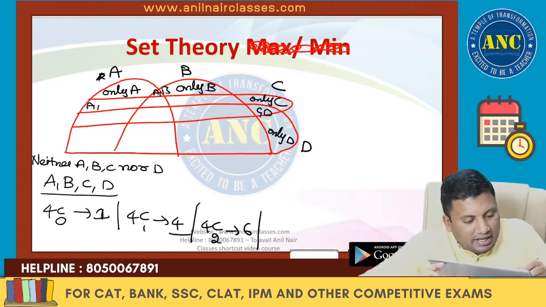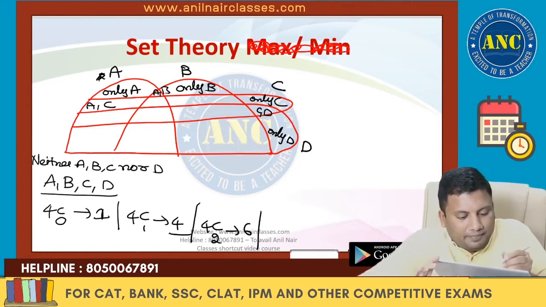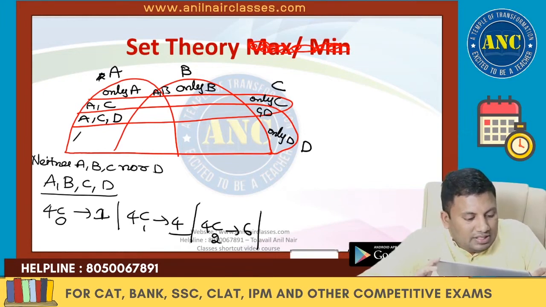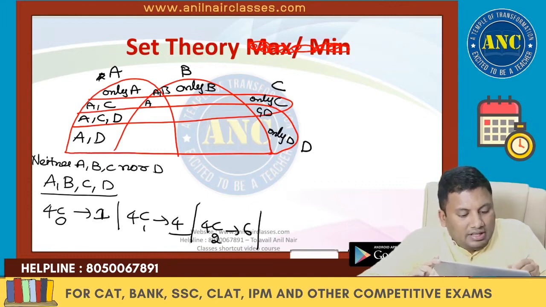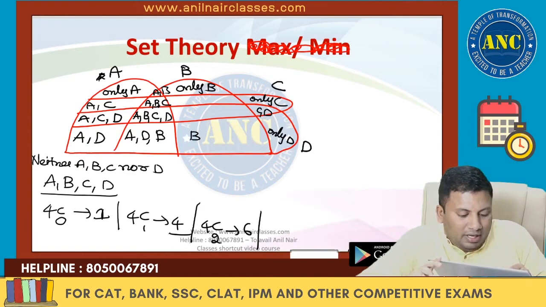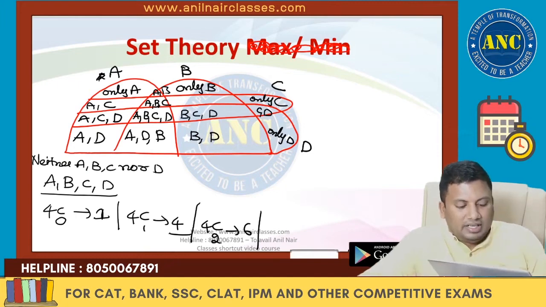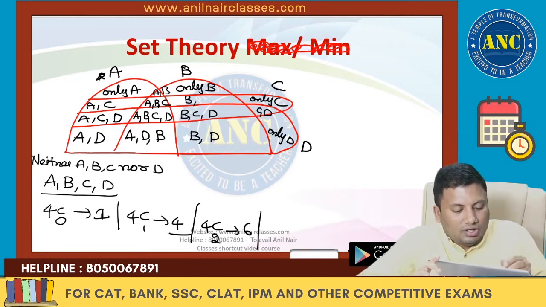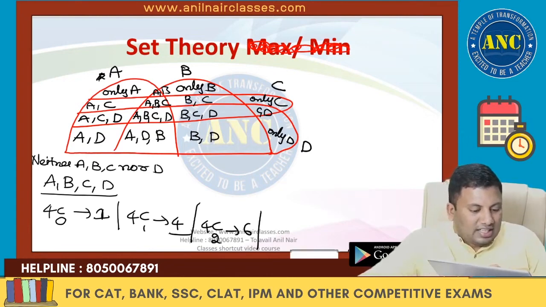It is present in A, it is present in C. These are present in A, these in C, these in D. This is present in A, these also in D. This is present in A, these in B, these in C. These present in A, B, C, D. These in A, these in D, these also in B. This is present in B, these also in D. These in B, these also in C, in D. This is present in B and it is also present in C. 4C2, totally 6 regions I need to get.